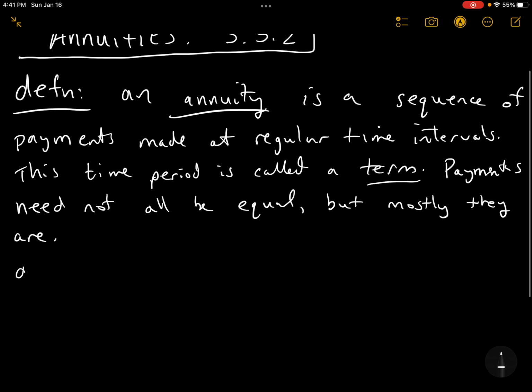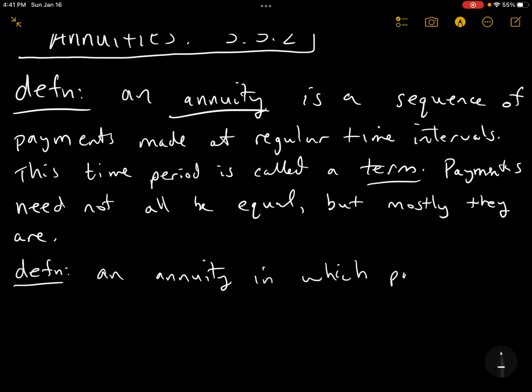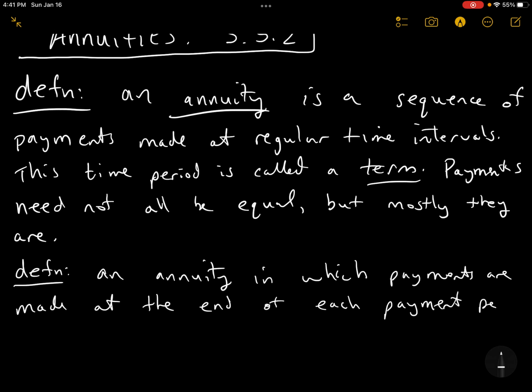Okay, some more definitions here. There's a lot of definitions in the early part of this course. An annuity in which payments are made at the end of each payment period is called an ordinary annuity.